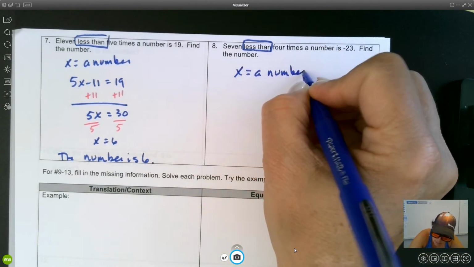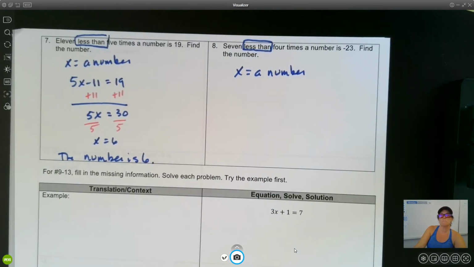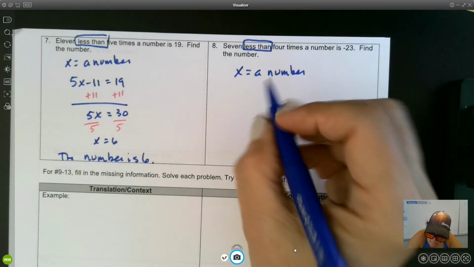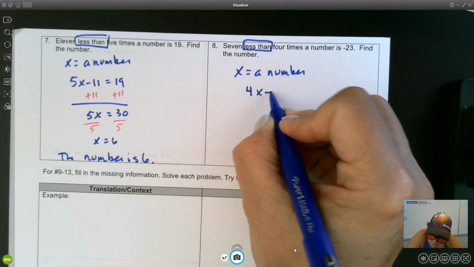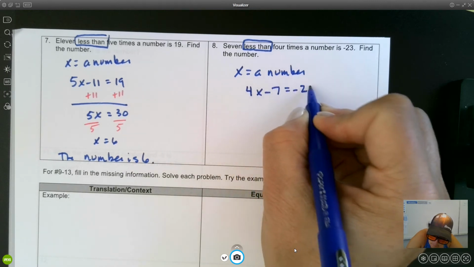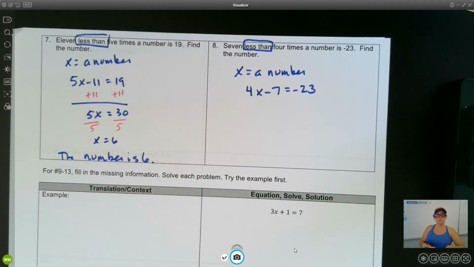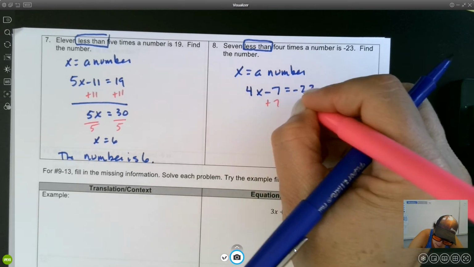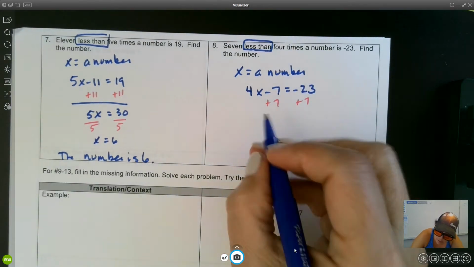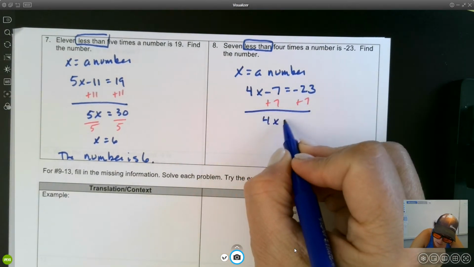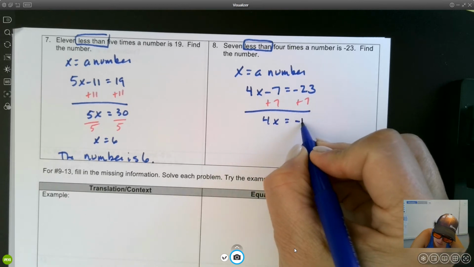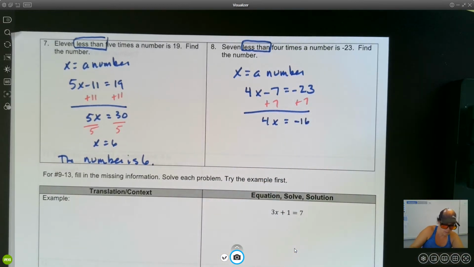Okay, you can pause me if you want and try this one on your own. Okay, so there's the equation. 4x minus 7 equals negative 23. Add 7 to both sides. 4x equals negative 16.